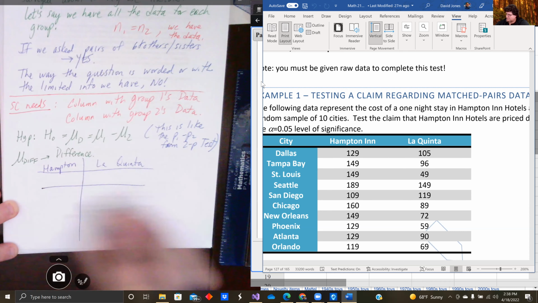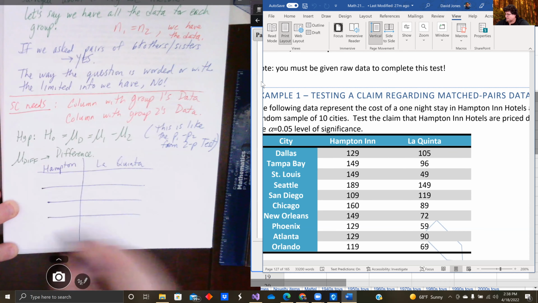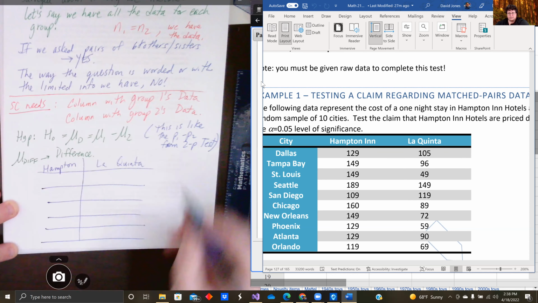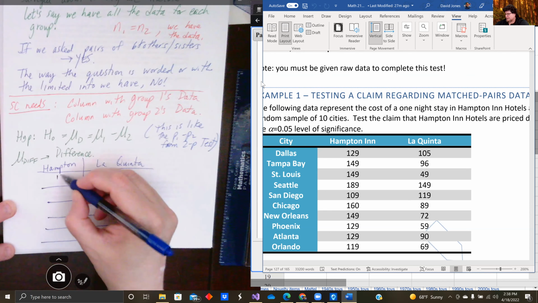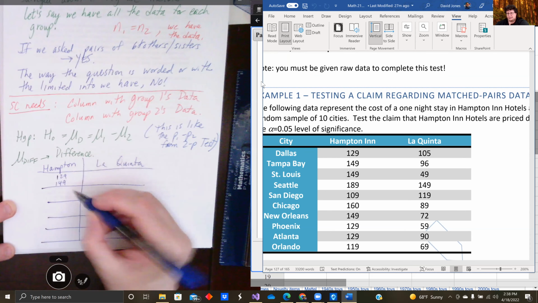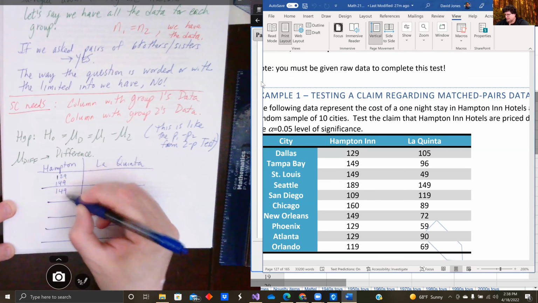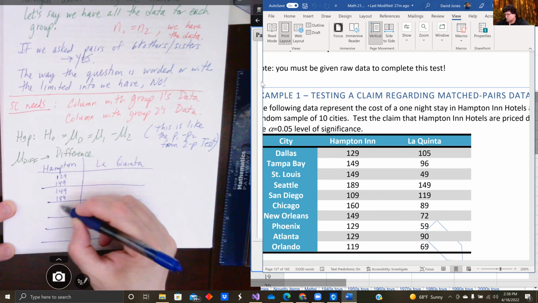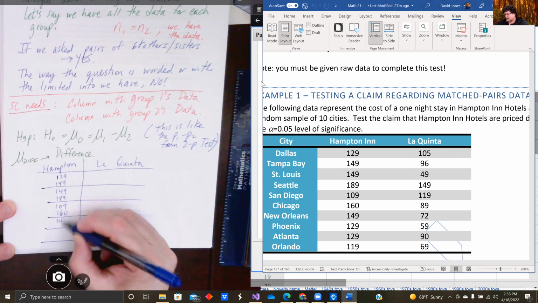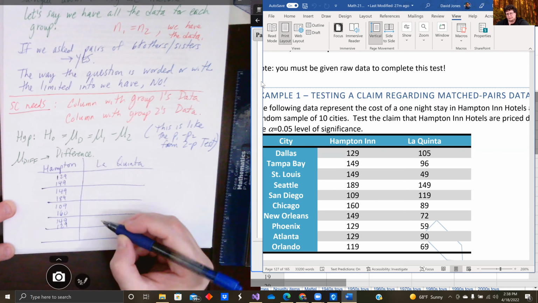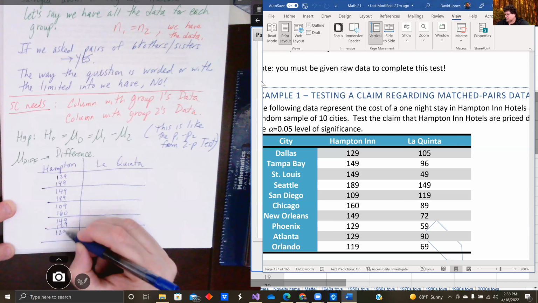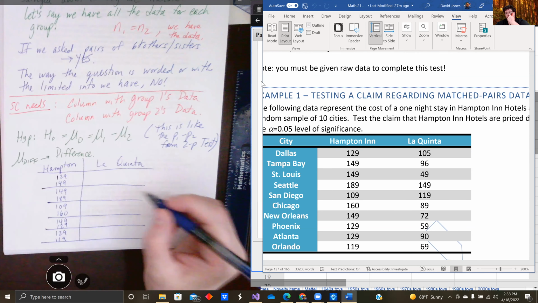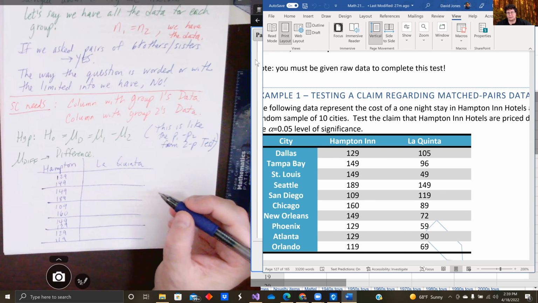Let's see, there's 10 numbers. So I got 129, 149, 149, 189, 109, 160, 149, 129, 129, 119. And they're telling us the pairs are based on these rows.